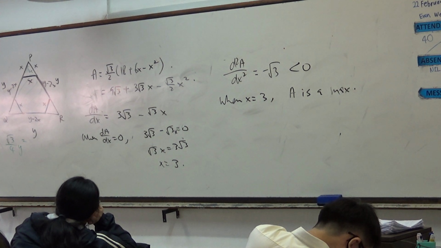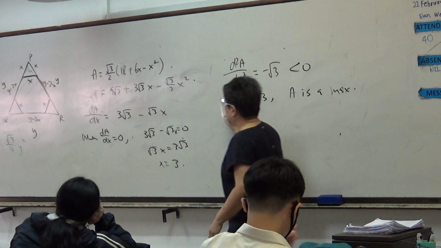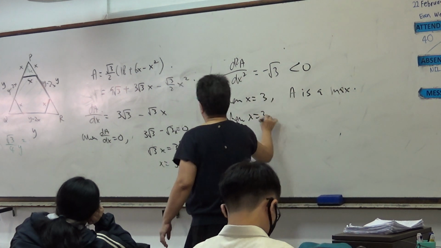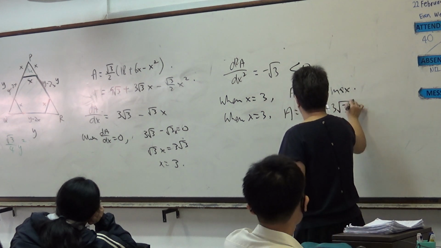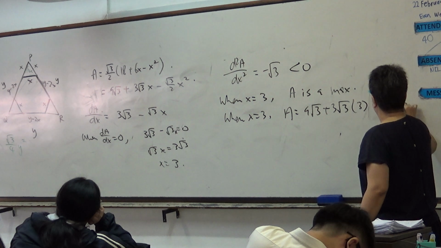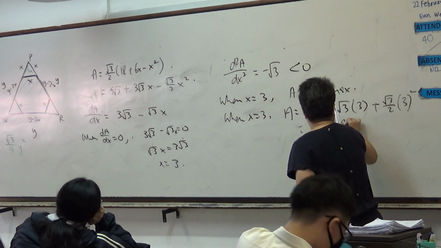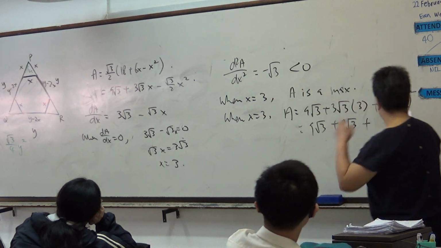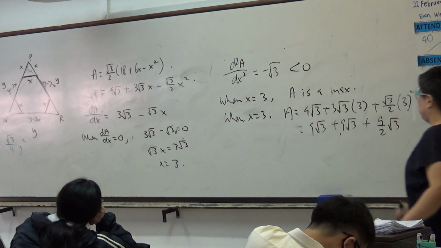But what did the question say? Find the maximum value of A as x varies, justify your answer. Now, so when x is 3, A will be 9 root 3 plus 3 root 3 times 3 plus root 3 over 2 times 3 squared. 9 root 3 plus 9 root 3 plus 9 over 2 root 3, right?